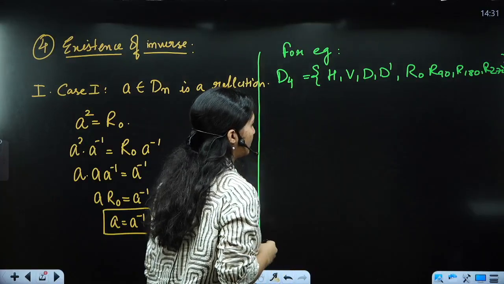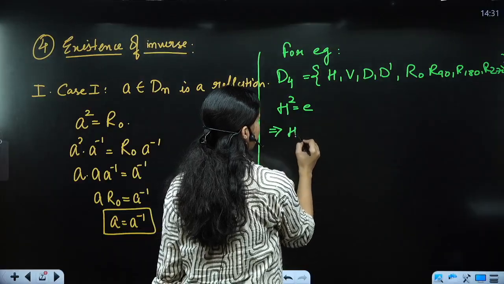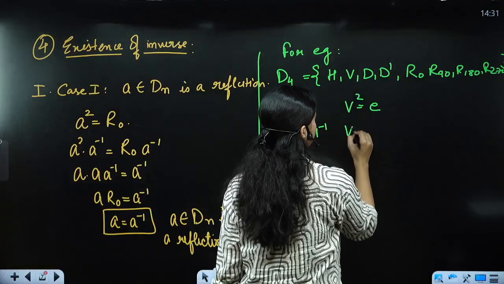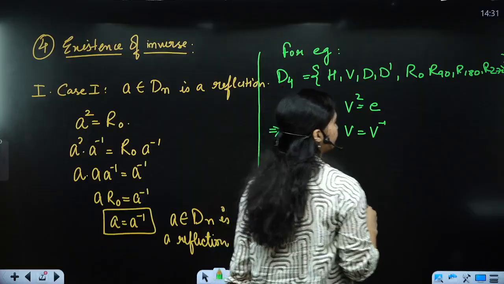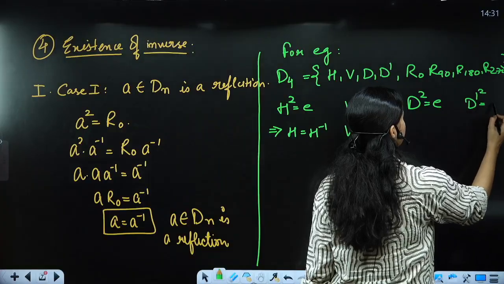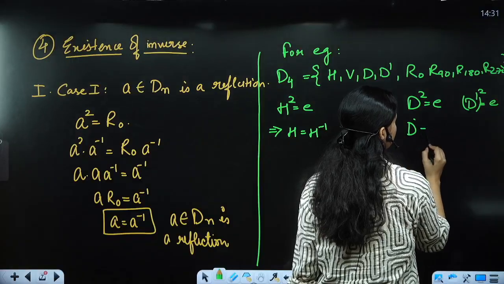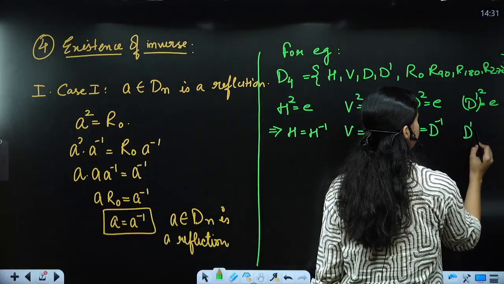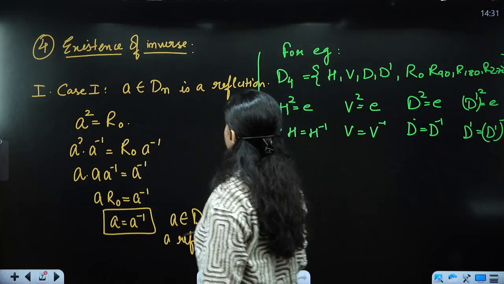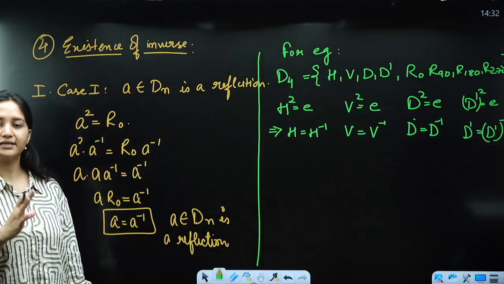Now if you see, H square equals E, which implies that H equals H inverse, then V square equals E, V equals V inverse, D square equals E, and D dash square also equals E. This implies that D equals D inverse and D dash equals D dash inverse, right? So here we can see that inverses for all the reflections exist in a Dn group.